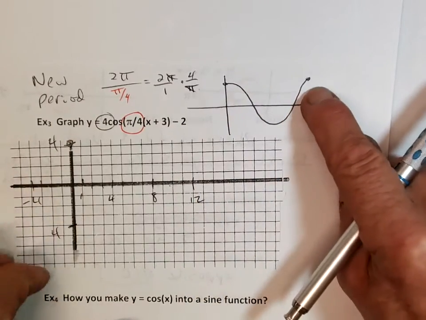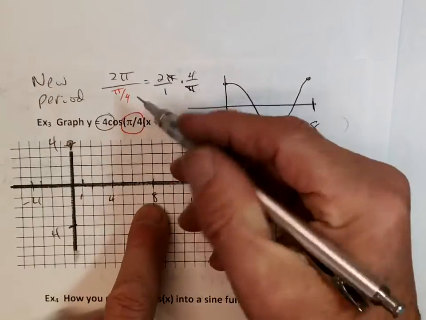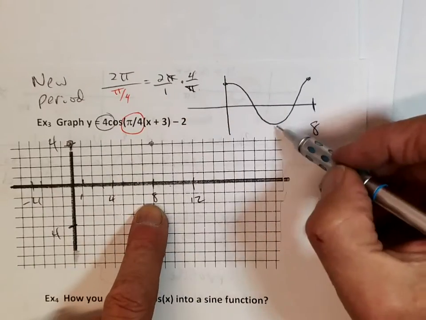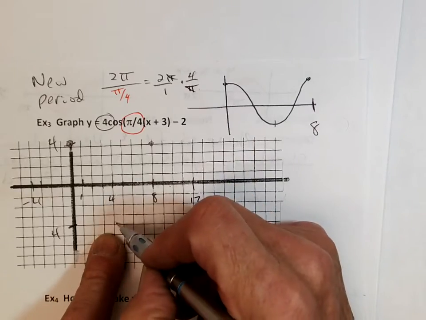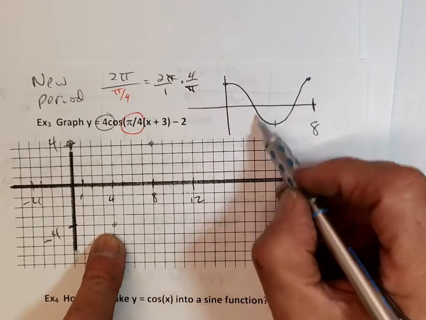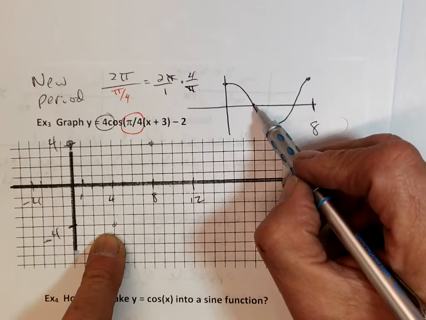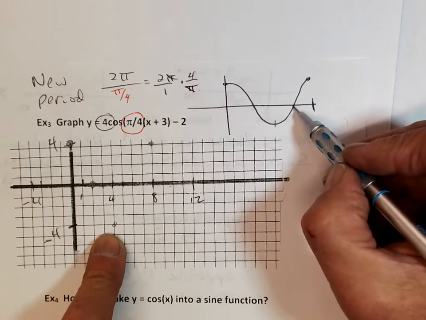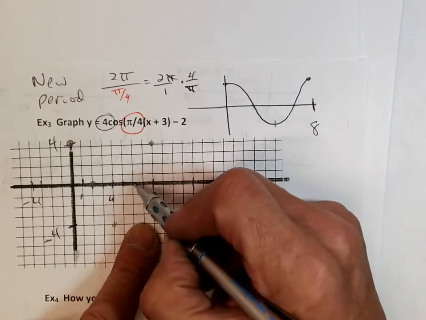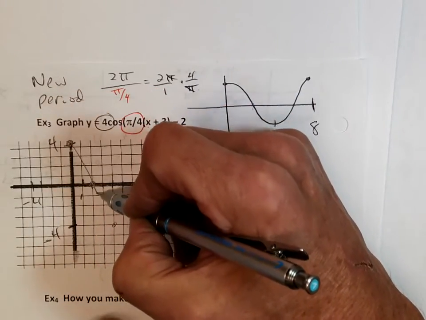Cosine ends up, so at 8, it's going to end up at 4. Halfway through, cosine's at its very minimum, which is -4. Its x-intercept, a fourth of the way through, is here. Its other x-intercept, 3/4 of the way, is here. So one curve looks like this, but I haven't moved it.